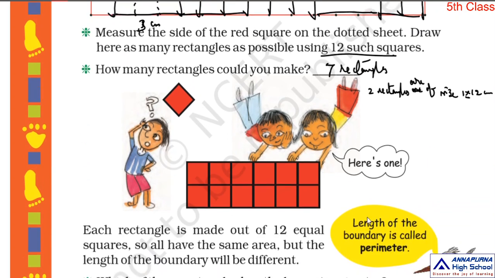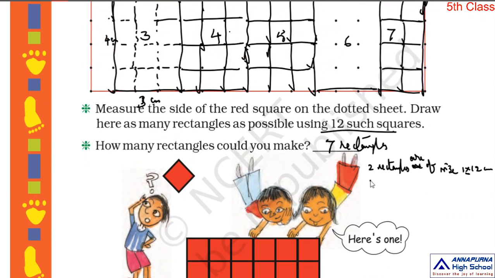We can write: 4 rectangles are of size 3 into 4, that means 3 centimeters into 4 centimeters.